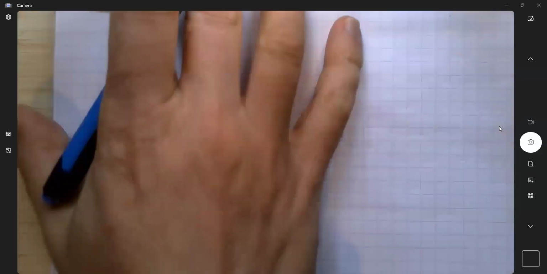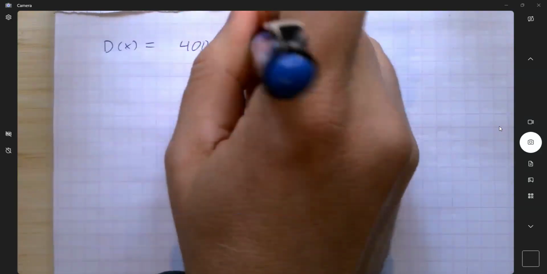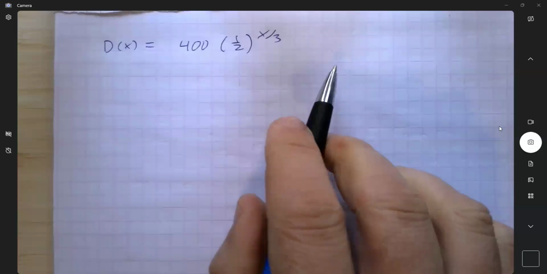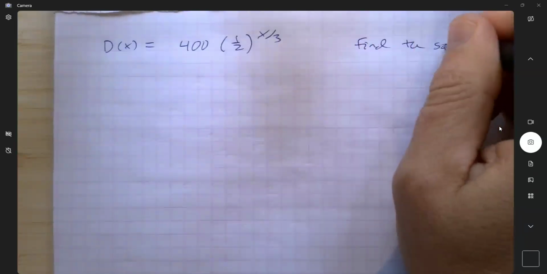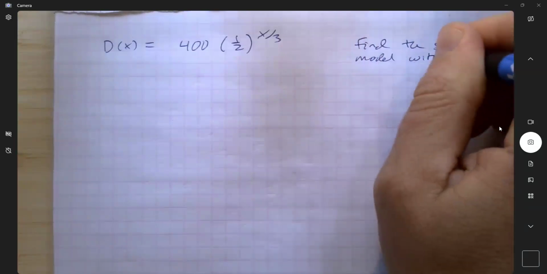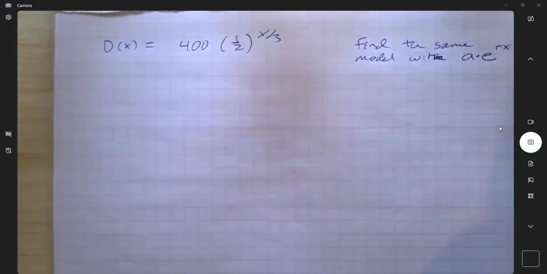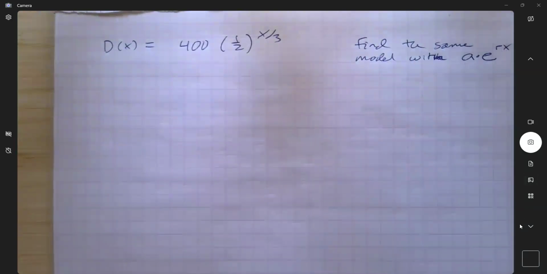So we're going to start with d of x equals 400 times 1/2 to the x over 3, and we want a continuous exponential rate of change, so we need to find the same model with a times e to the rx, right? We want to change it and we want to find the r that would build us the exact same model.